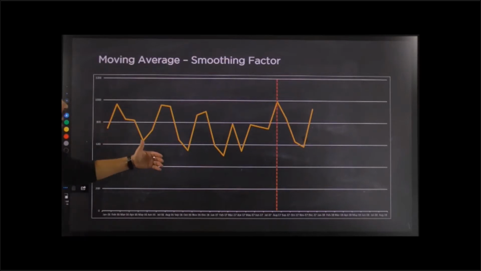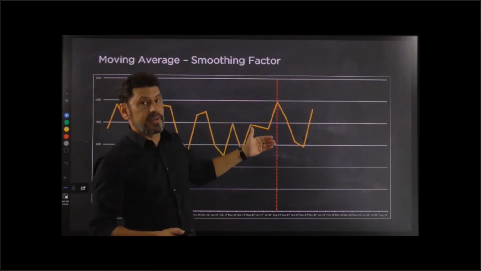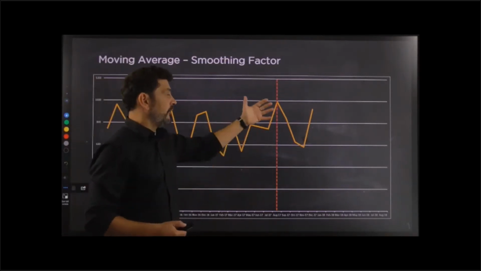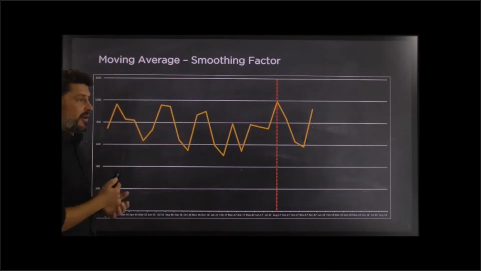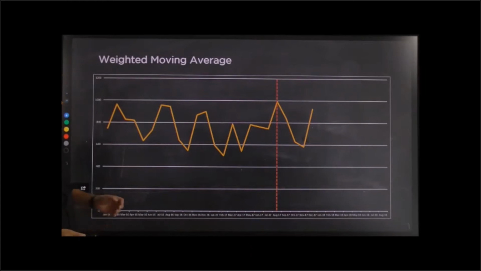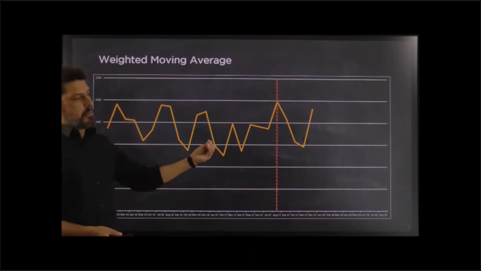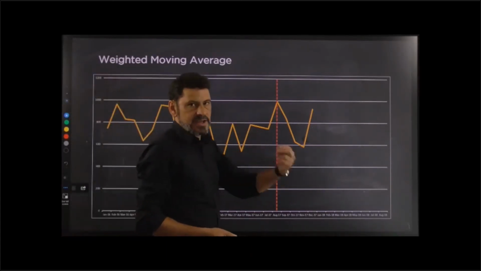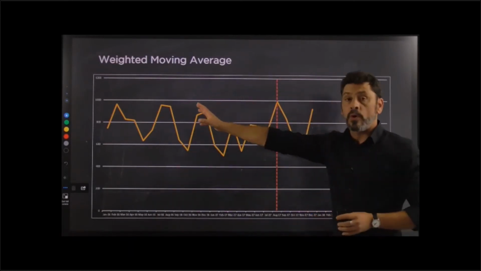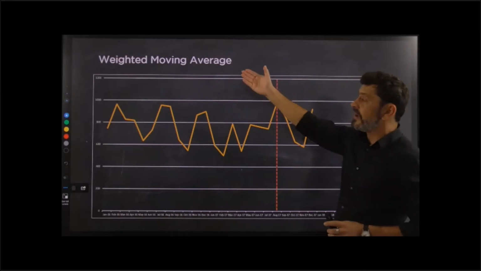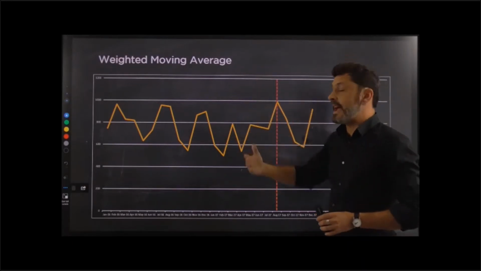And that's what we can call a smoothing factor. Now, what I did was treat all observations equally. Whether it were 4 or 6 or 12, it would just have leveled it out. Clearly, one could argue that maybe I want my last observations to weigh more than my previous or older observations. Then we would have something we call a weighted moving average.